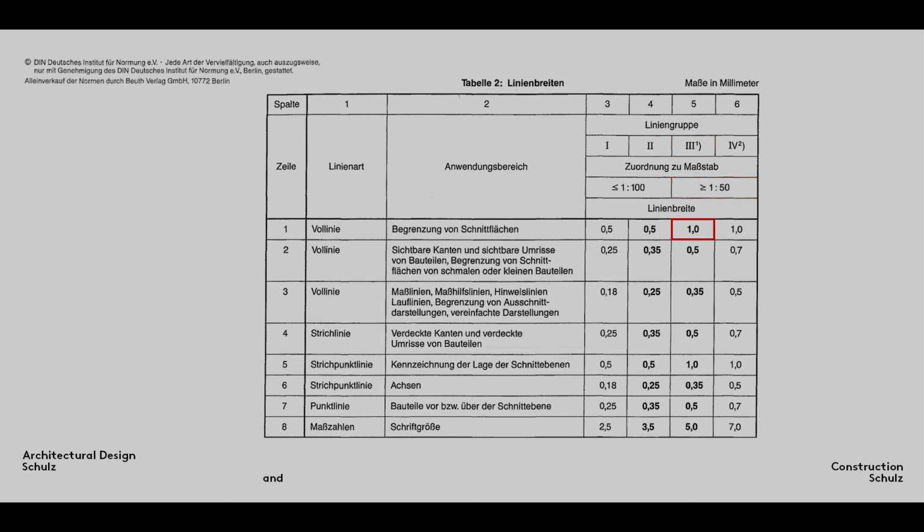A 1 mm line is used for section edges, a 0.5 mm line for visible edges and section edges of narrow objects, a 0.35 mm line for dimensions and leader lines, a 0.5 mm dashed line for hidden edges, a 1 mm dashed dotted line for cutting planes, and a 0.5 mm dotted line for projected edges. The numbers indicating dimensions should be 5 mm tall.